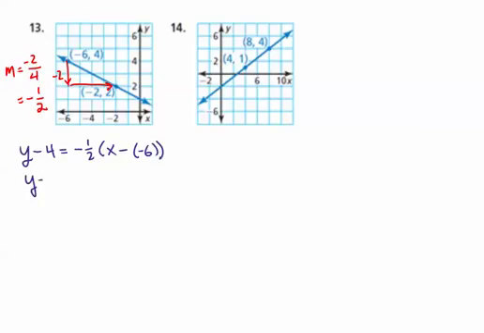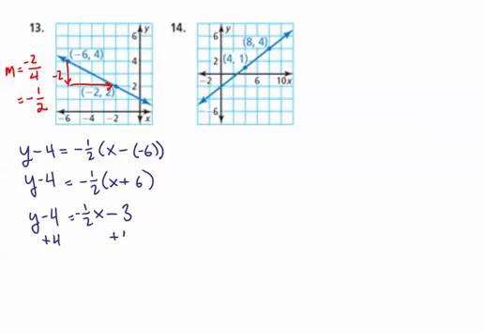Simplifying, we get y minus 4 is equal to negative 1/2 times x plus 6. Now we're going to distribute. Negative 1/2 times x is negative 1/2 x. Negative 1/2 times 6 is negative 3. 6 over 2 is 3. And we have y minus 4.